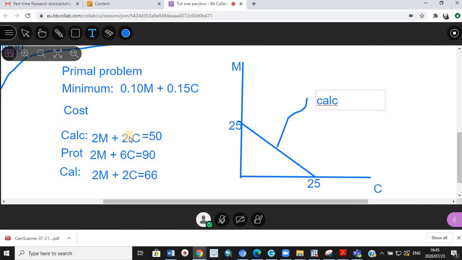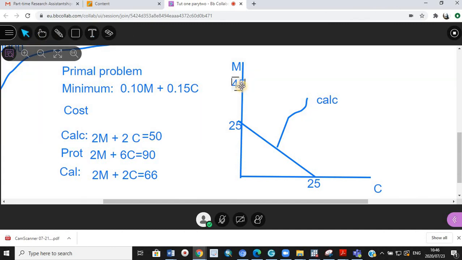Now let's go to proteins. We'll do the same. 90, if C is 0, we'll say 90 divided by 2 is going to be 45. I'll write it here, 45, right?